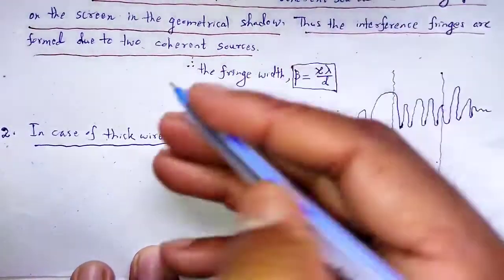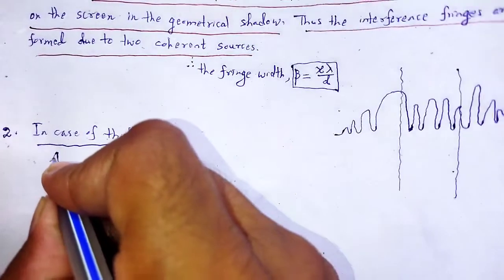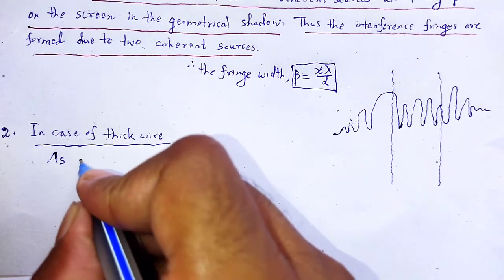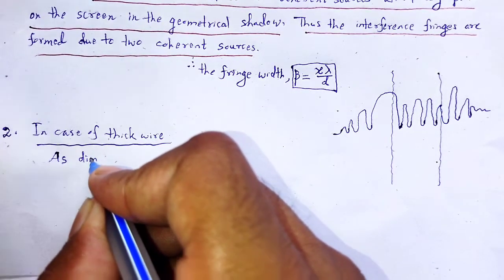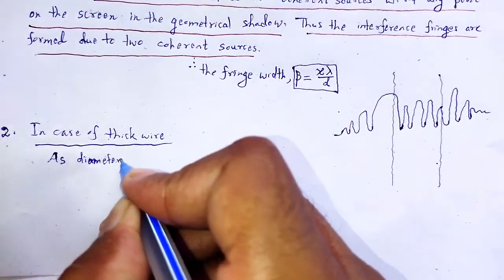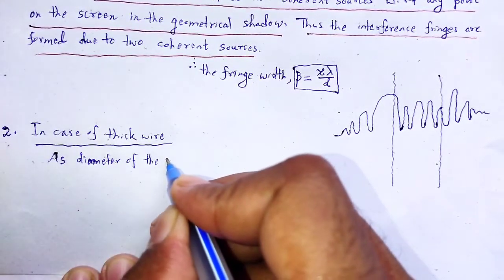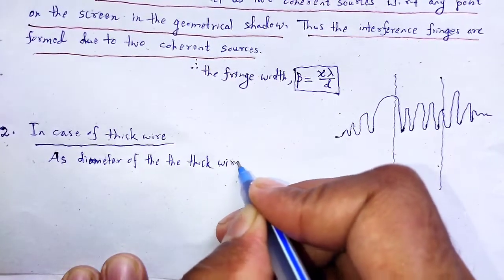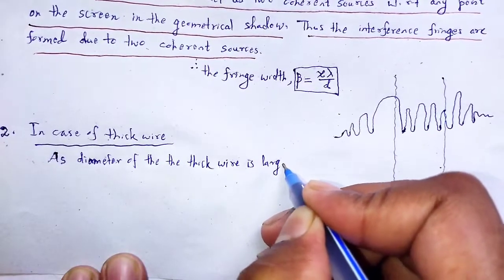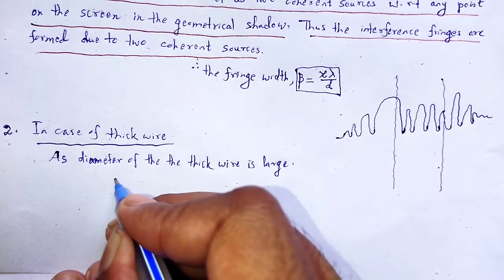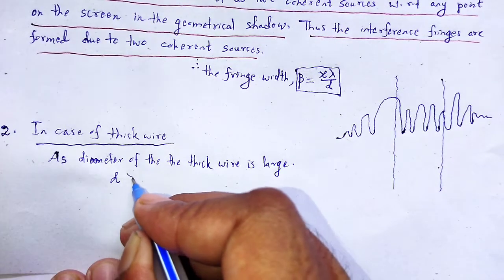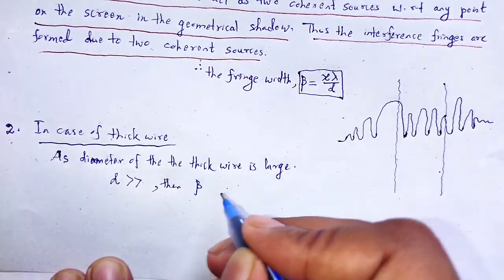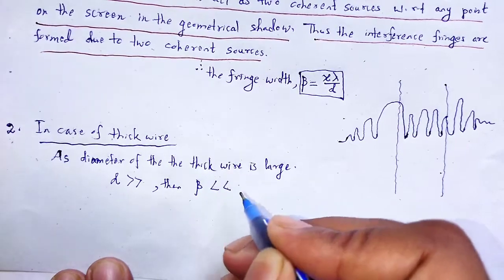Right here, in case of a thick wire, as the diameter of the thick wire is large, as d increases, beta decreases.